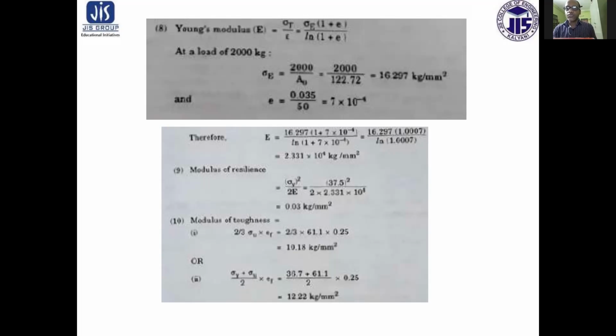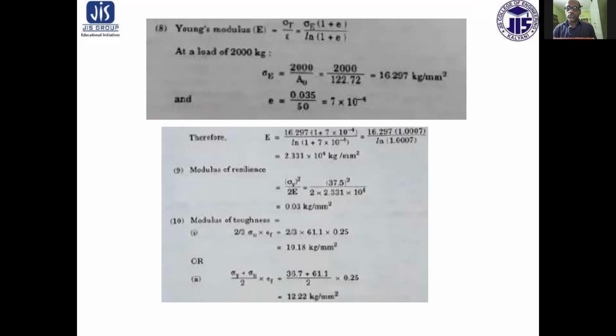Putting in the E value we just calculated, 2.331 into 10 to the power 4, we get the modulus of resilience up to the elastic limit, that is 0.03 kg per mm square.